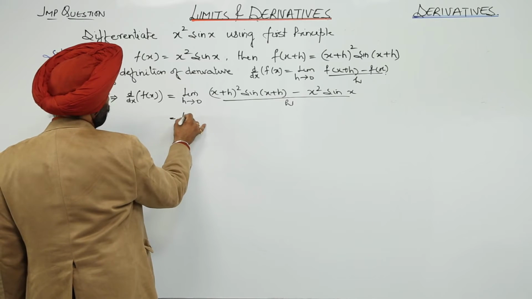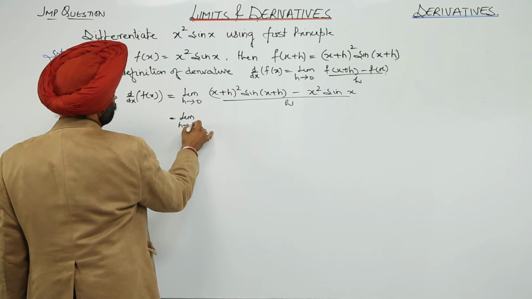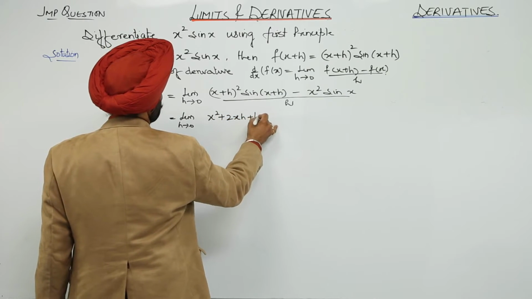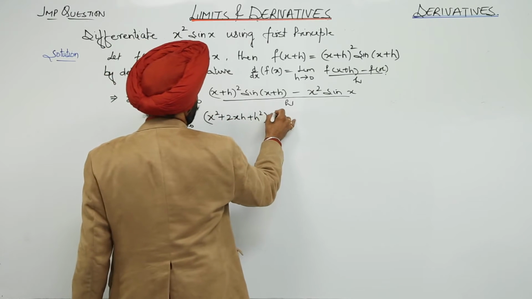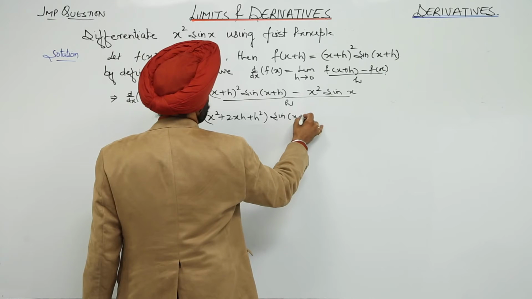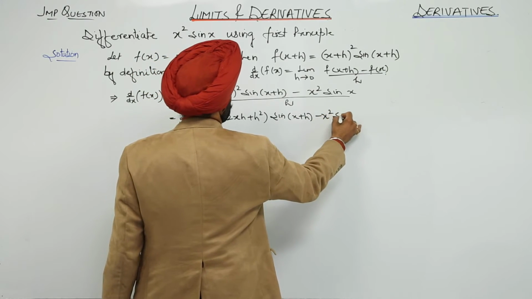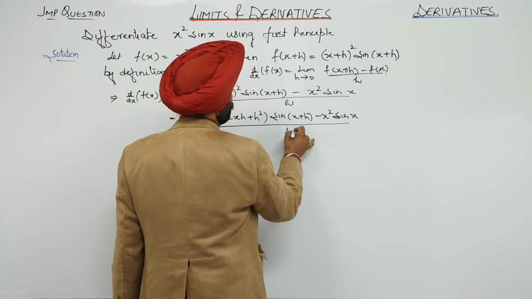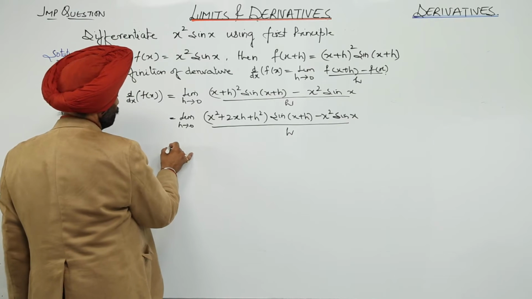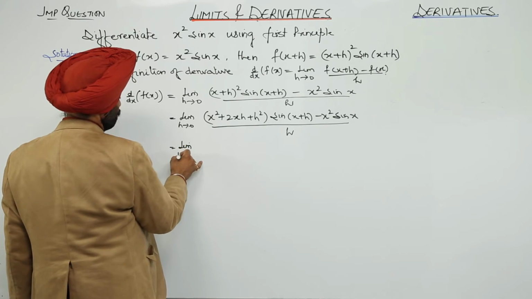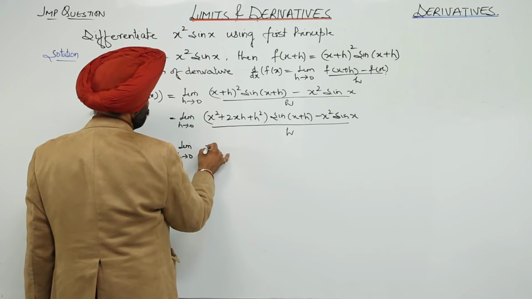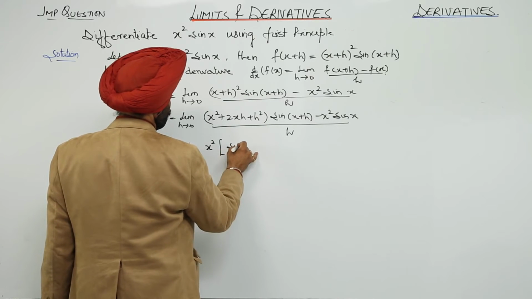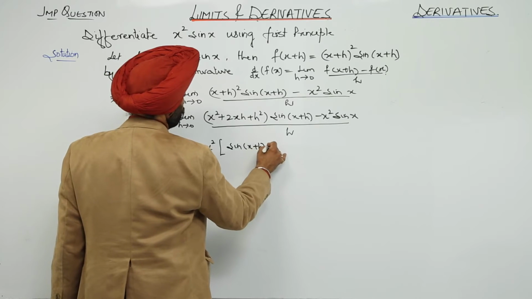Now this becomes limit h approaches to 0 x square plus 2xh plus h square sin x plus h minus x square sin x upon h. Okay. Now further, limit h approaches to 0 x square sin x plus h minus sin x.